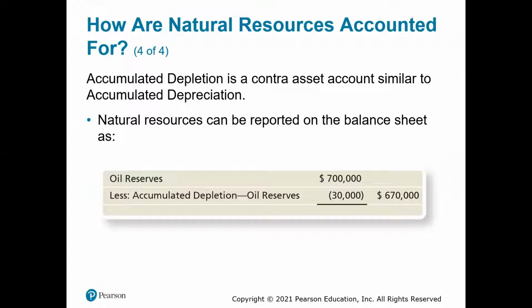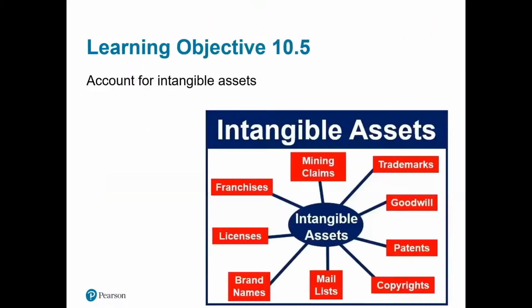It is similar to accumulated depreciation. Natural resources can be reported on the balance sheet as the net of the natural resource asset account and the accumulated depletion account. That was the end of learning objective 4.